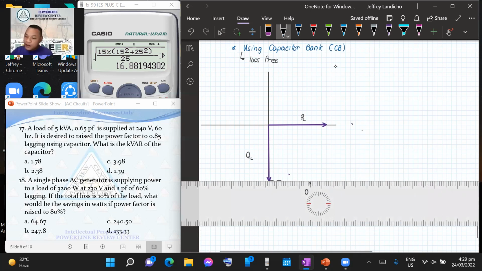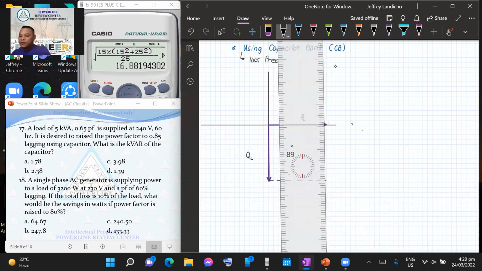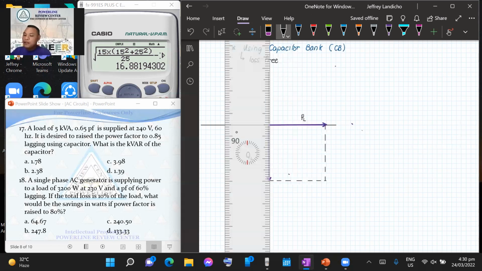Ipo-project lang natin si real power tsaka si apparent power, perpendicular. So meron tayo ngayon tinatawag na power triangle, which is just similar doon sa ating impedance triangle.